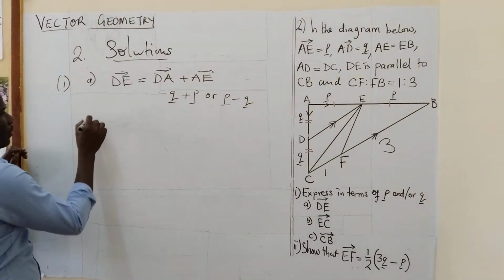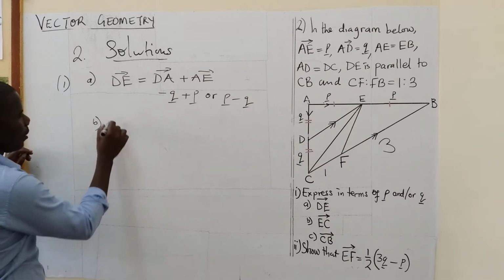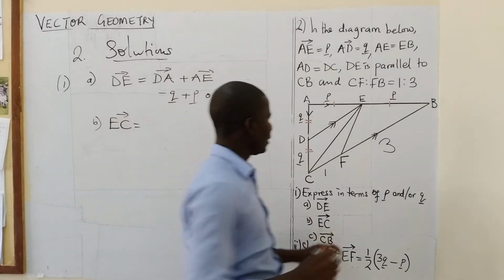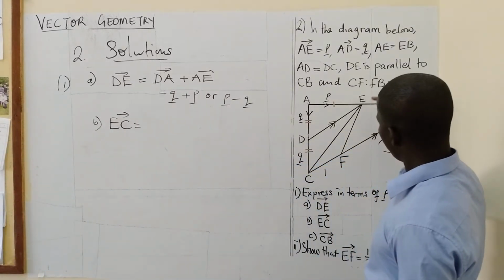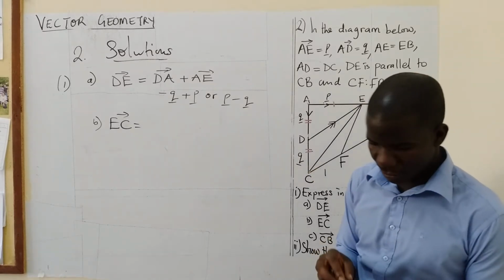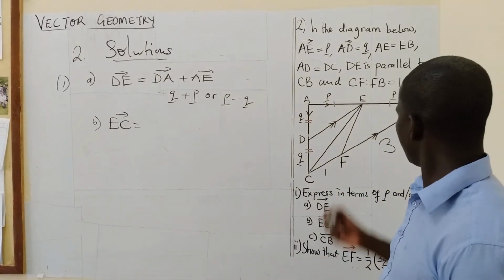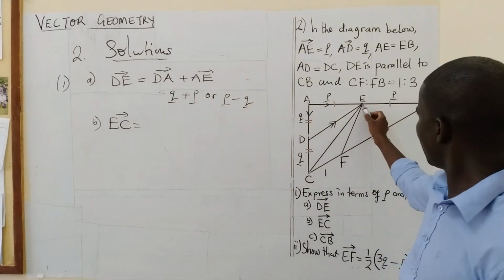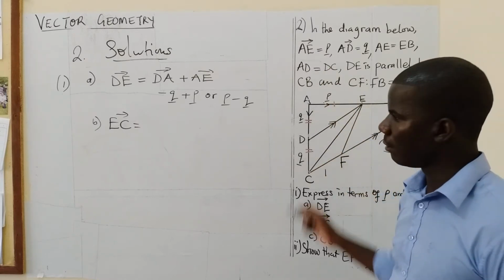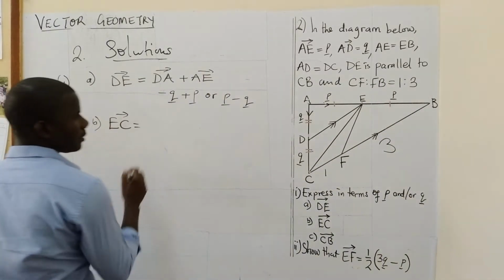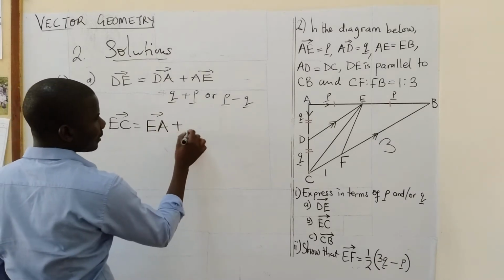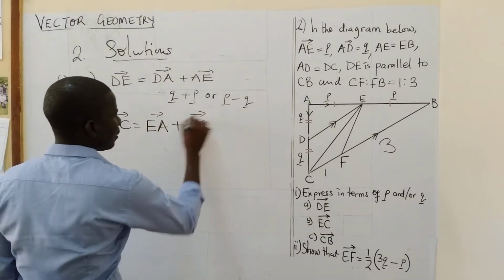We can go to the second one, which is B. What do we have there? We have EC. I hope we are together. When you look at EC, we need to move from E to A, then from A straight to C. So EC is equal to EA plus AC.